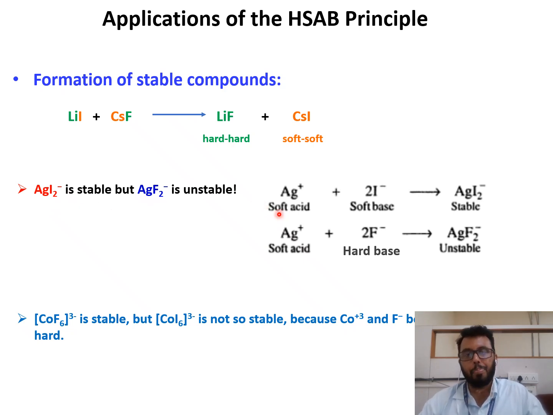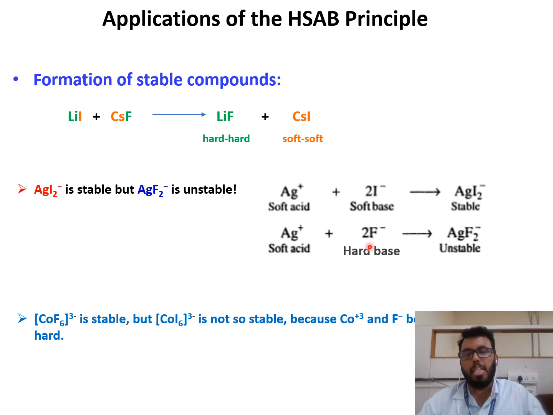What is the reason? Because Ag+ is a soft acid, the iodide ion is a soft base. So soft acid soft base interaction leads to a more stable compound, that is AgI2 minus. Whereas here it is opposite. Ag+ is a soft acid, whereas fluoride is a hard base. Fluoride and chloride are hard bases, we have already seen.